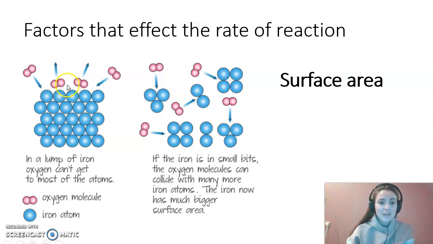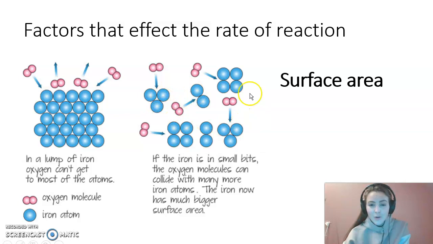But if we cut up the iron into multiple pieces, as we do here, now we see that this oxygen can come here and react with this iron that originally was inside. So it's all about the probability of the different molecules to get in contact, because you need to get in contact for the reaction to happen.